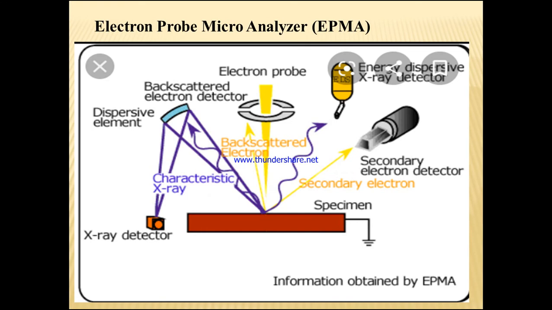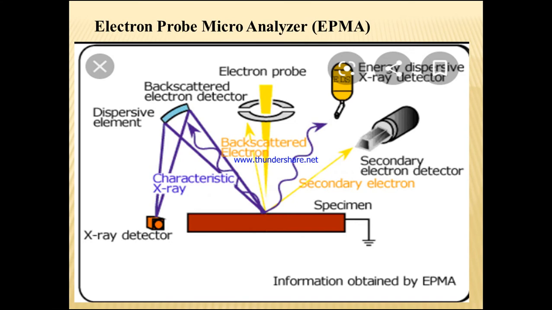In some cases, due to the high energy electron beam, when it hits the electrons of the inner shell of the specimen, electron shifting takes place. The low energy electron from the inner shell moves out of the shell, whereas a high energy electron from the outer shell takes over the place of the emitted electron. The empty space left by the emitted electron will be taken over by the high energy electron from the outer shell.